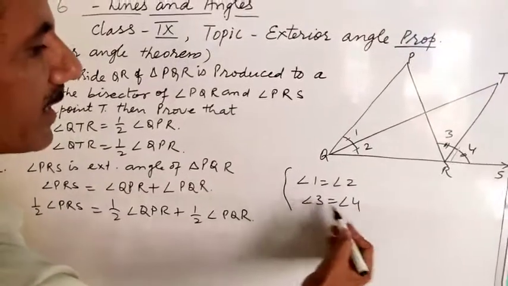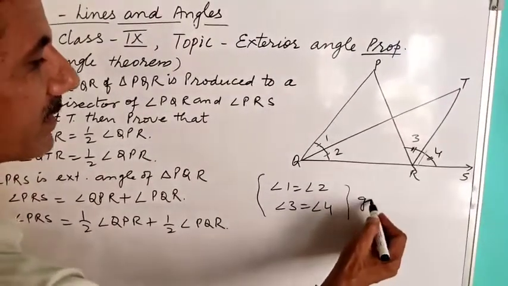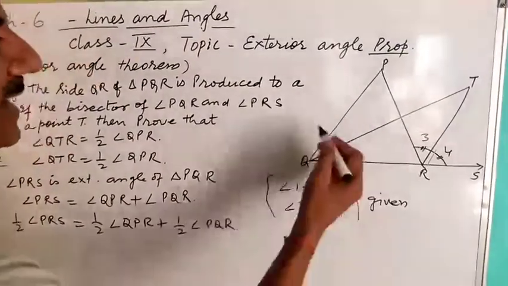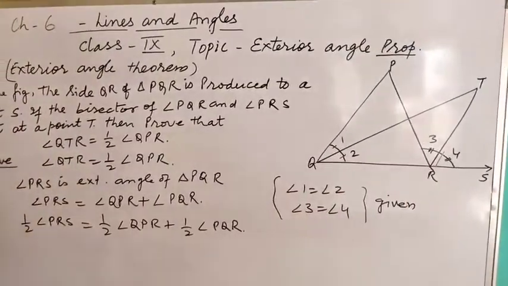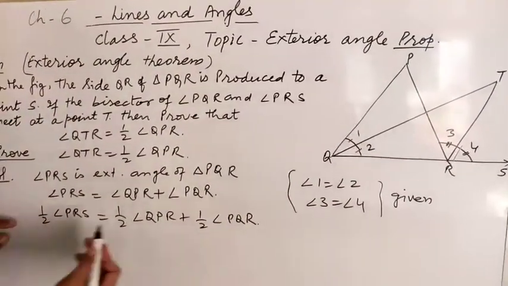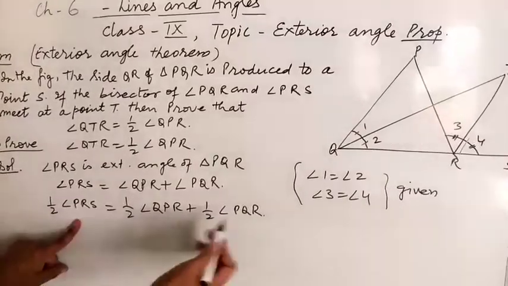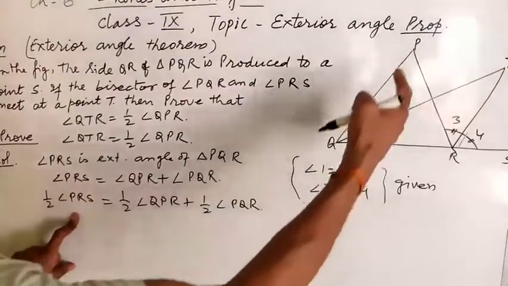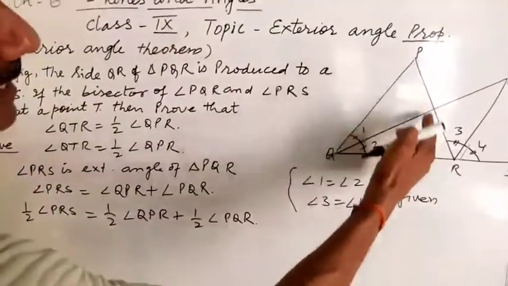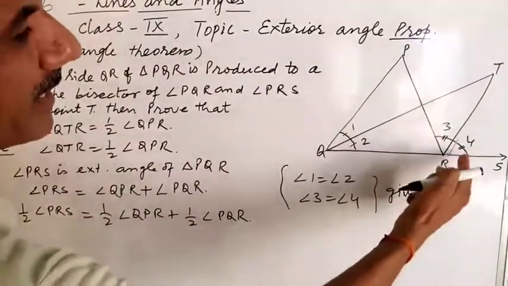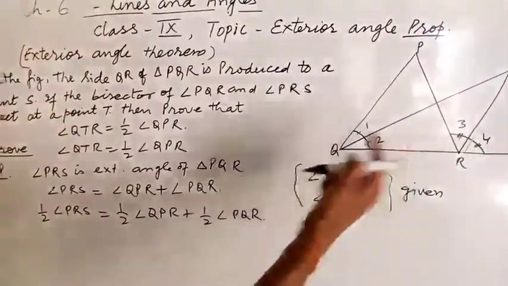Angle 1 equals 2, angle 3 equals 4. This is the given part, by the bisectors of both angles. And we put these angles in this equation. Half of angle PRS will be taken as angle 3 or 4, which is suitable.